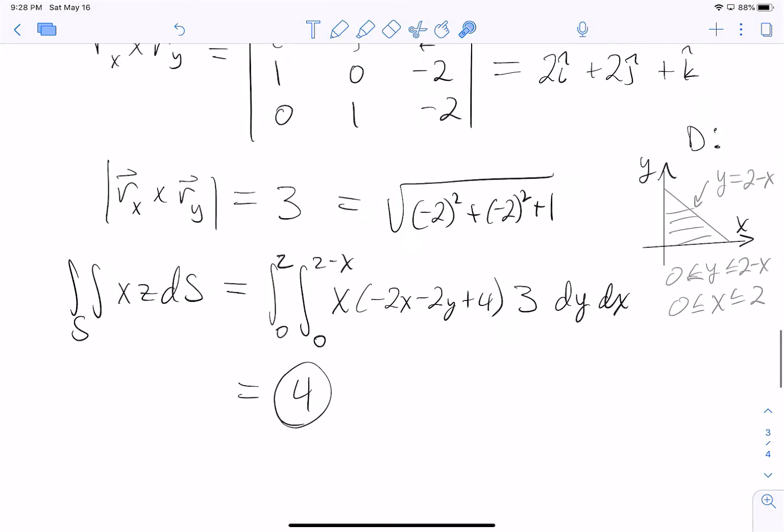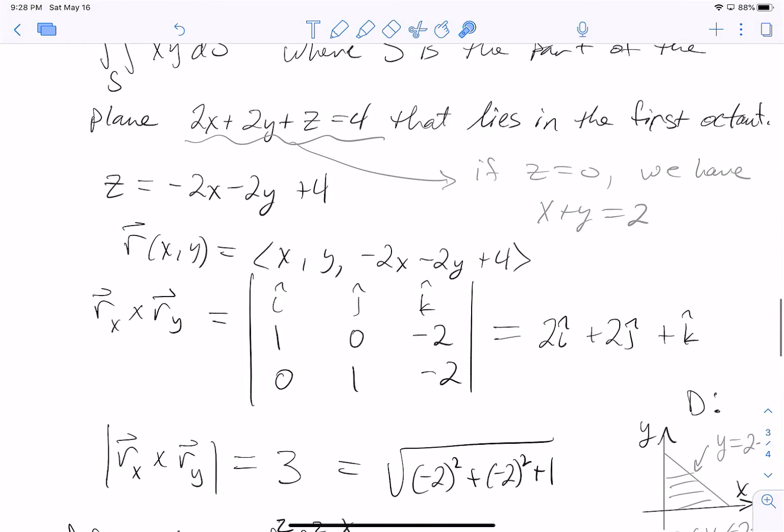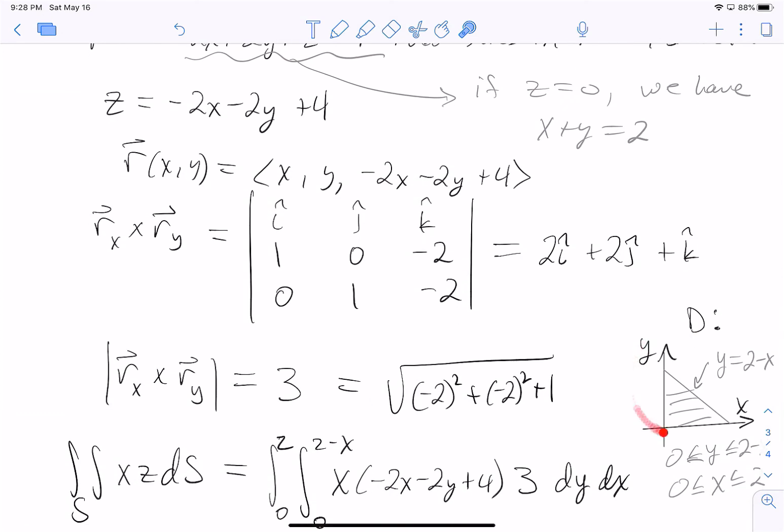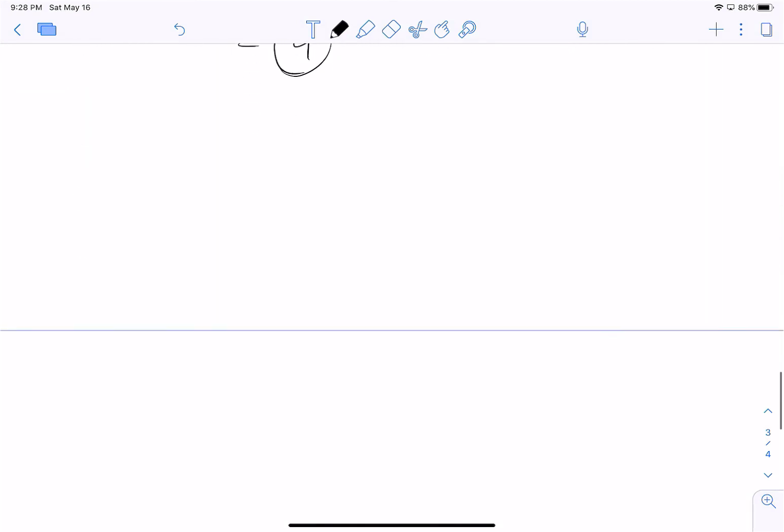Now, folks, we made a decision early on here. There was the equation of the plane 2x + 2y + z = 4, and I immediately solved for z, thereby projecting D onto the xy plane. We could just as easily have projected onto the xz plane.